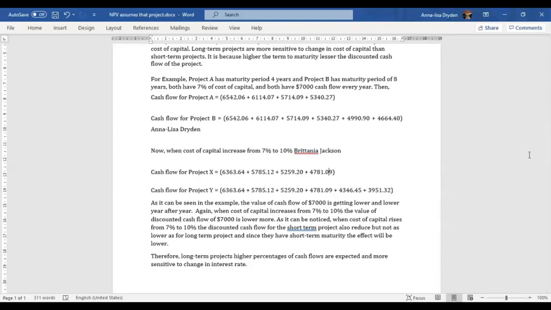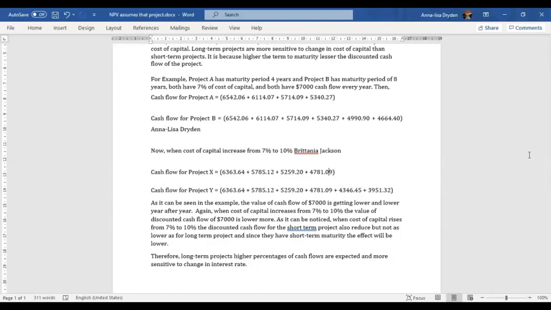As it can be seen in the example, the value of the cash flows of 7,000 is getting lower and lower year after year. When the cost of capital increases from 7% to 10%, the value of the discounted cash flows of 7,000 is reduced more.